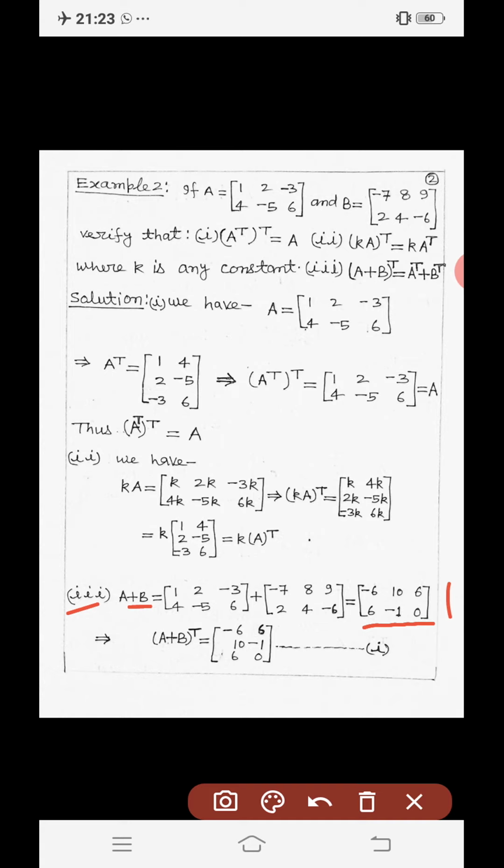Now A plus B whole transpose is equal to -6, 6, 10, -1, 6, 0. Here we get this after interchanging rows and columns of matrix A plus B.